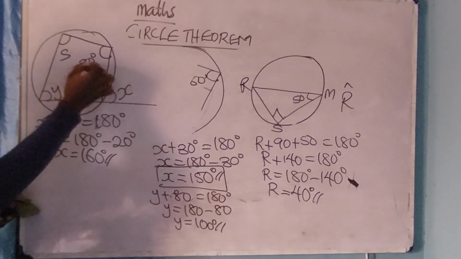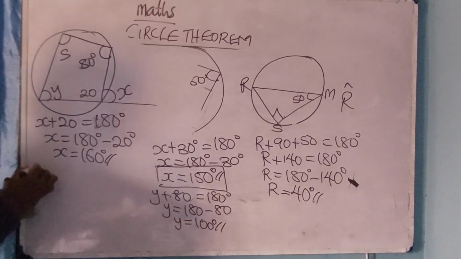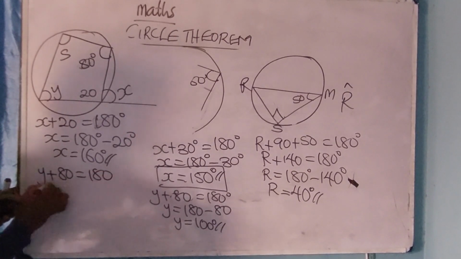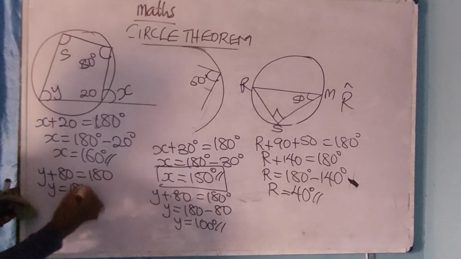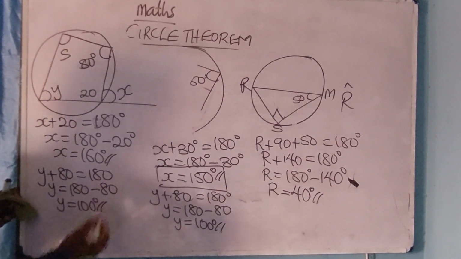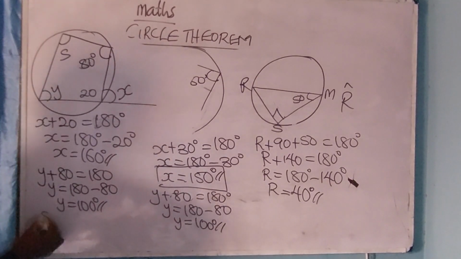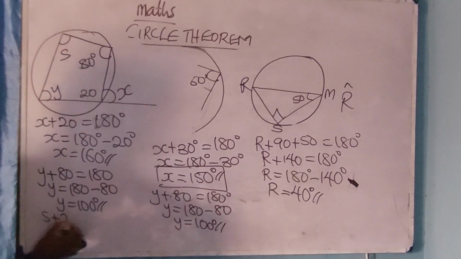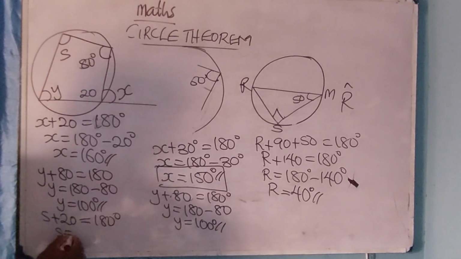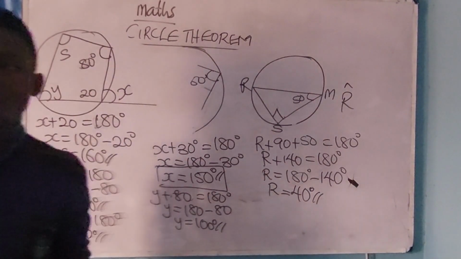Now, don't forget, opposite angles of a cyclic quadrilateral are usually 180, supplementary. So y plus 80 equals 180. y equals 180 minus 80. And y equals 100 degrees. The same thing is required here. To look for the value of s, it is simply x plus 20 equals 180 degrees. Therefore, s equals 160 degrees. So at this point, we'll call it a day.